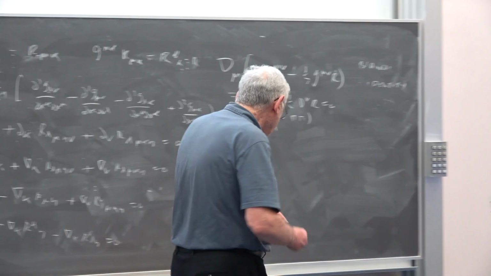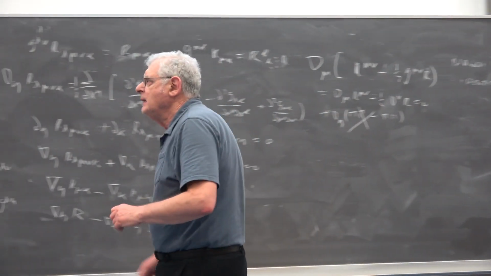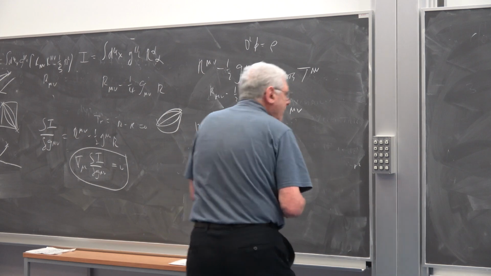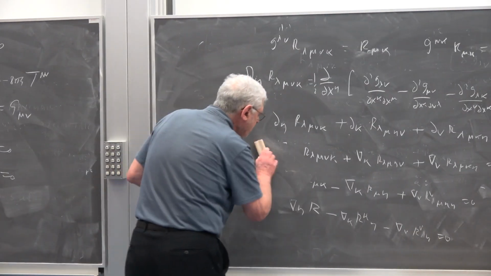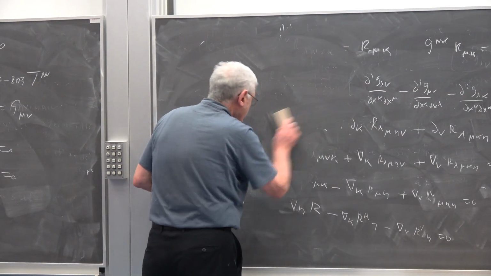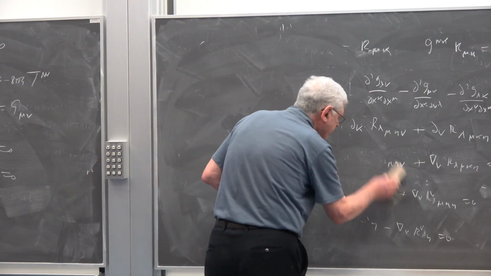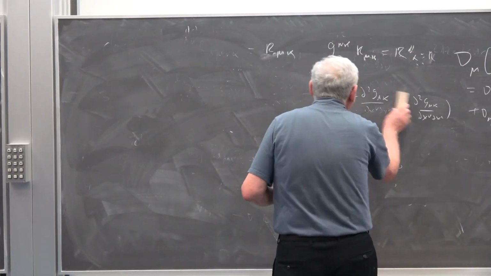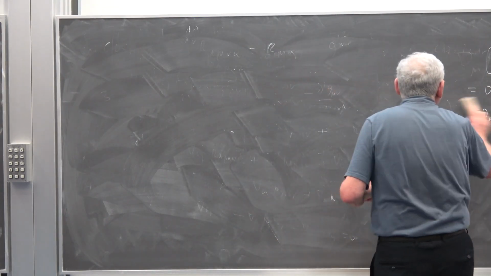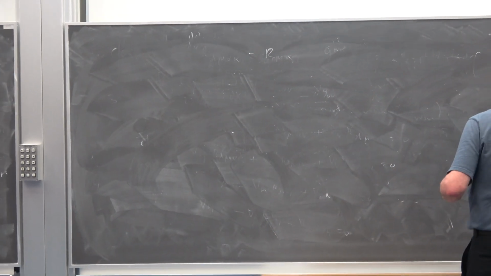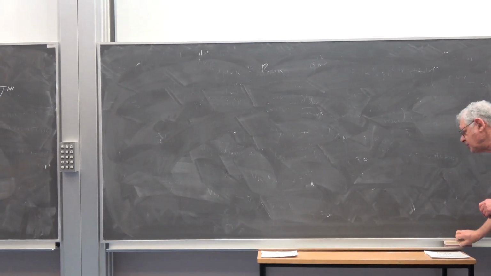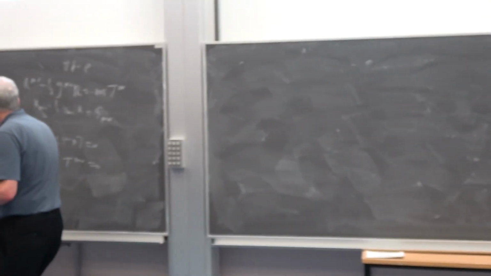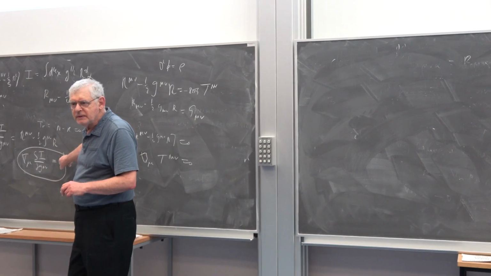Now we'll introduce the energy momentum tensor. I think I have a bit of time to show you what that is. So those are the Einstein equations. So the first remark is, oh, by the way, I should have said the nice thing about the functional variation is that you show immediately that the Einstein tensor is covariantly conserved.